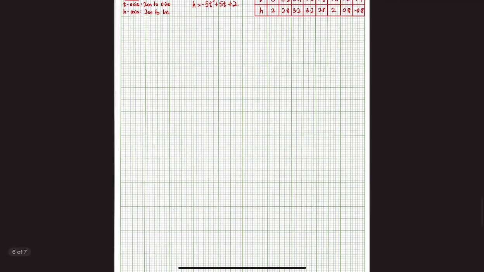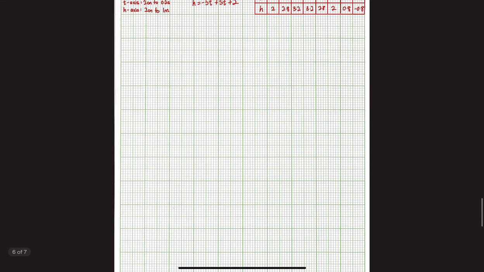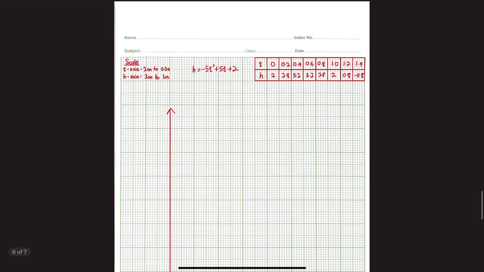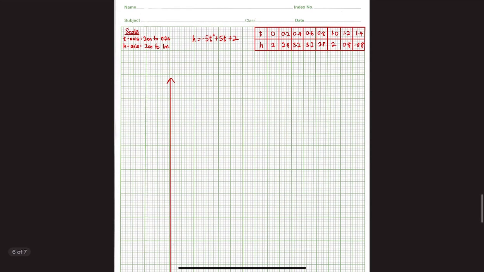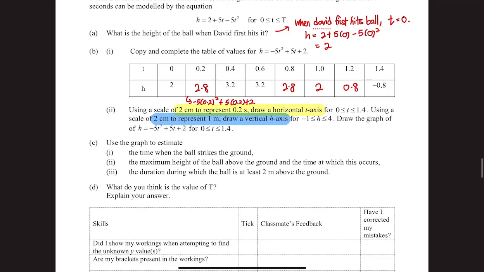So I can put my vertical axis somewhere around, let's say, maybe I can draw it over here. Then I can now draw the h-axis. Don't get confused. From the question, the horizontal axis is the t-axis and the vertical axis is the h-axis.